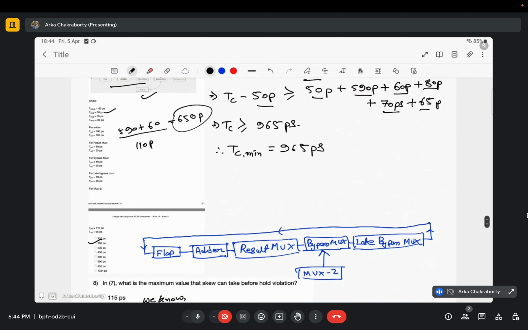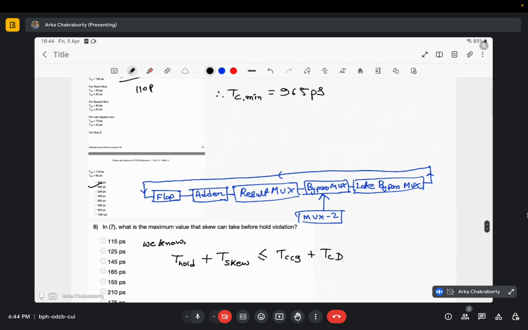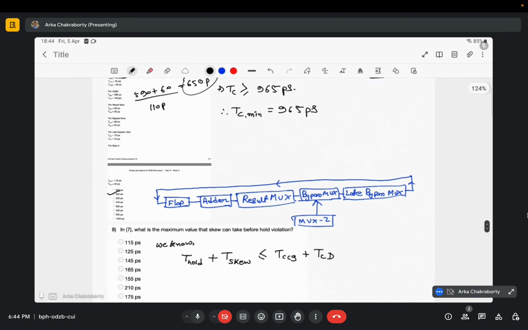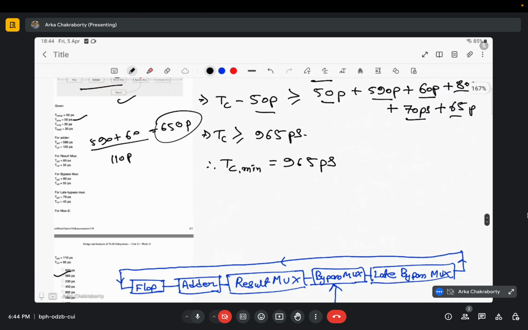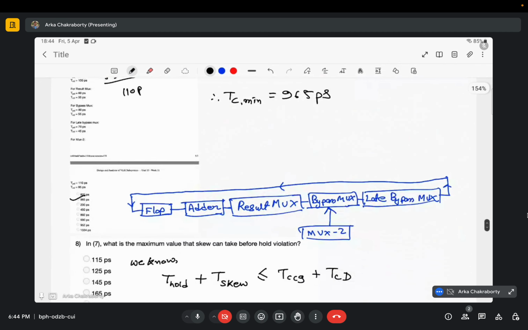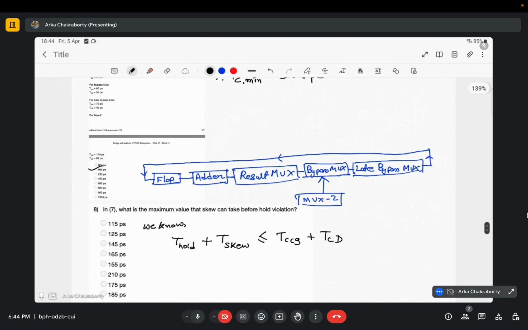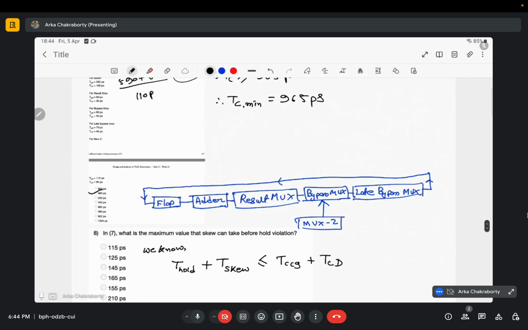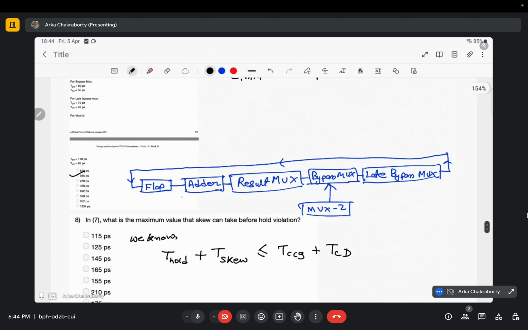Okay, fine. So what would be the contamination delay? It would depend upon TCD. Let me write the PD and CD values to make things clear. PD here is 590 pico, contamination delay here is 100 pico.